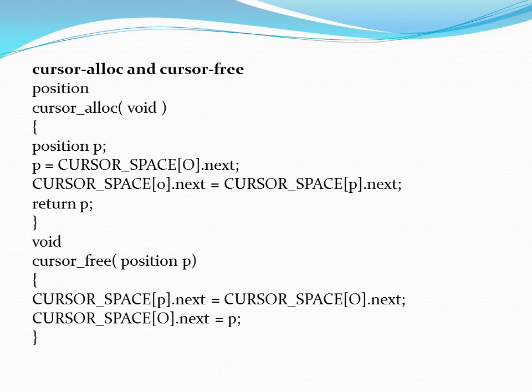Creating space in memory and making empty the cursor space. Position cursor alloc of void, P equal to cursor space of 0 dot next.